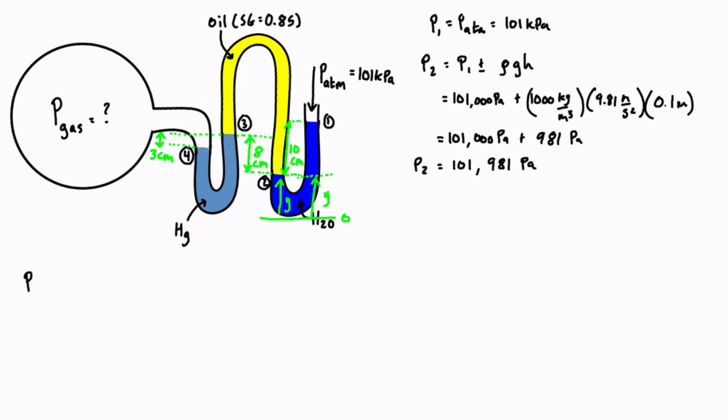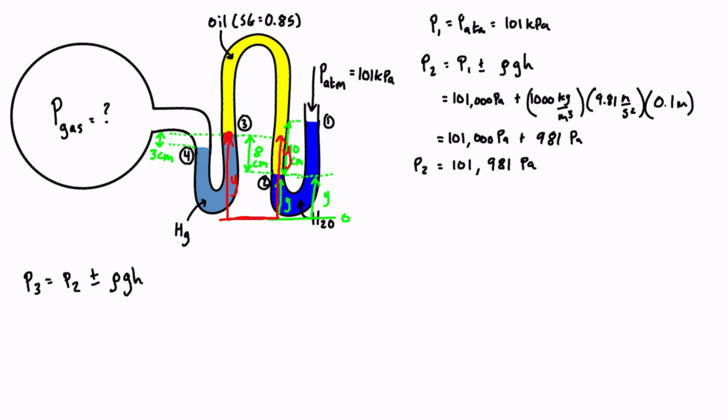Let's do the exact same process for P3, the pressure at this surface. P3 is going to be P2 plus or minus rho g h, rho being the density of the oil in this case, because this is the fluid column connecting them. Again, we can draw a reference datum and come up to this point here. Let's call this y again. When we come up to the same height in that same column fluid, this is also y.